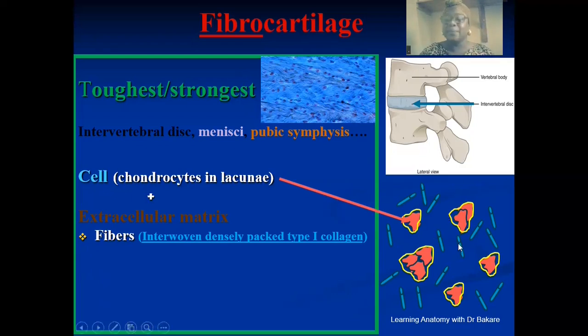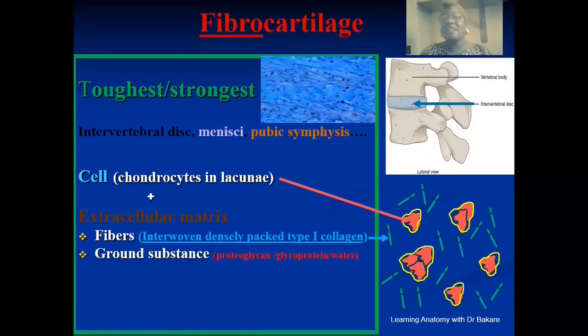Because of this high deposition, this is what gives the tough and also the strong presentation that is highlighted of the fibrocartilage. So you have this fiber here, indicated at this point. You can see that you have a densely packed deposition of type 1 collagen fiber, and of course they are seen in a meshwork. And this is why you see this toughness presented in the fibrocartilage.